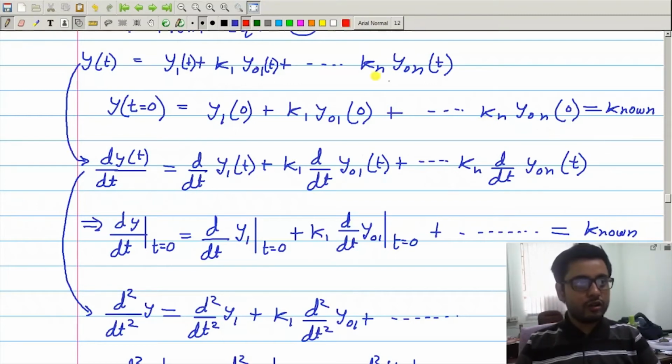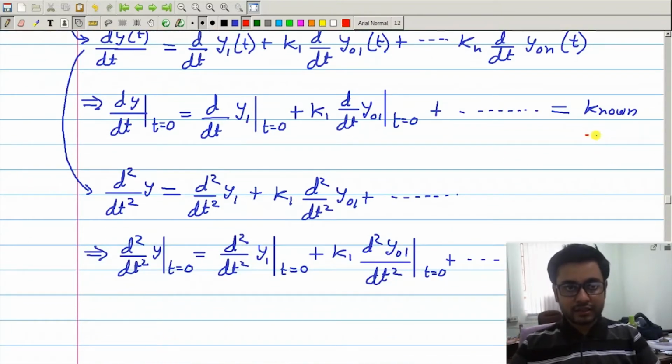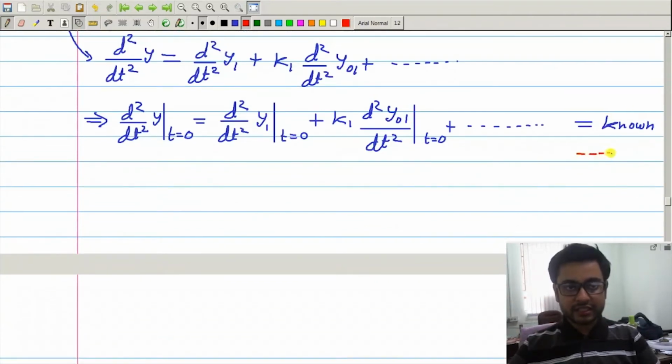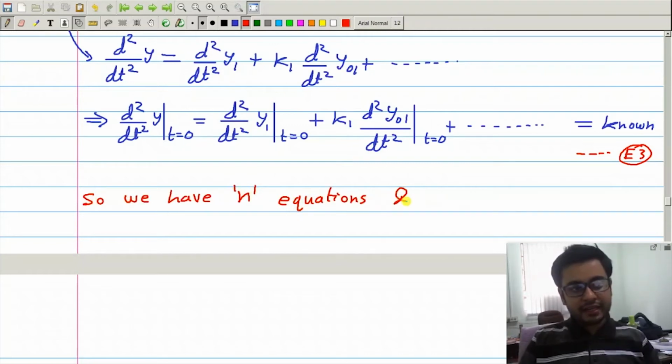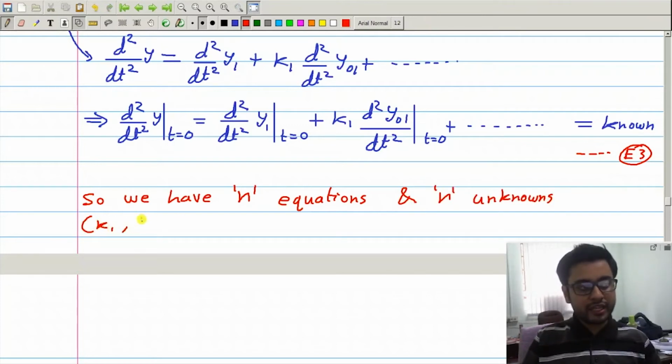Okay, so let me call these equations E1, equation 1, this as equation 2, this as equation 3. So we have n equations and n unknowns, which are k1, k2 up to kn. So we can solve these n equations together to find the n unknown values.